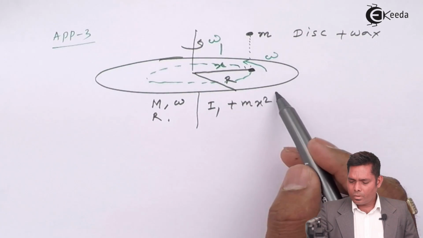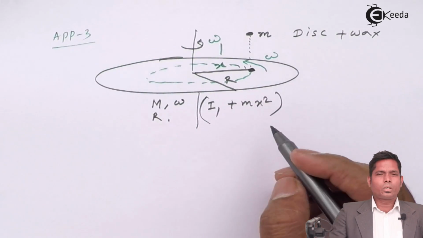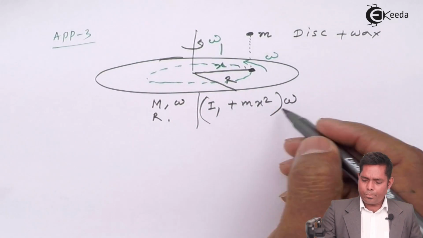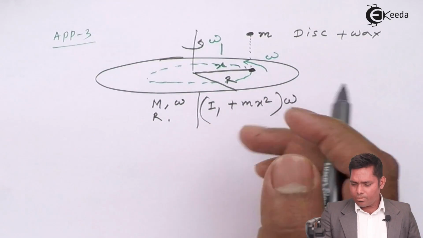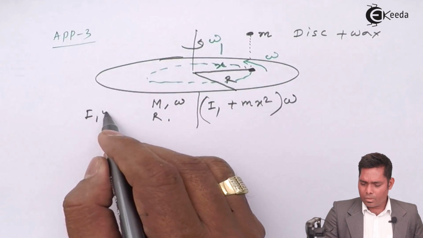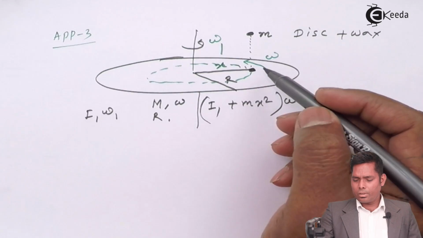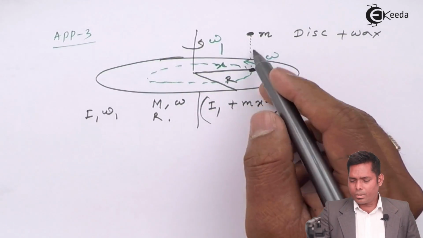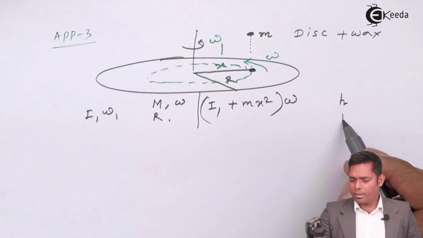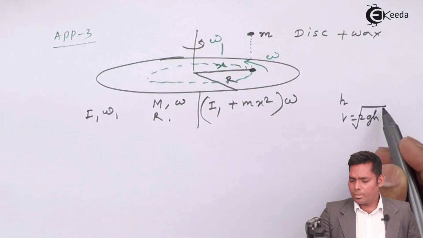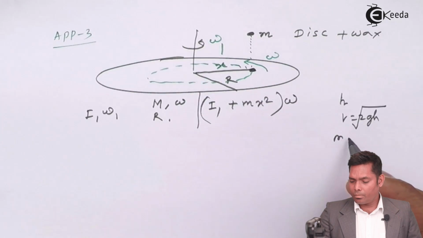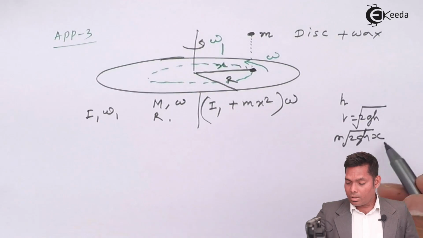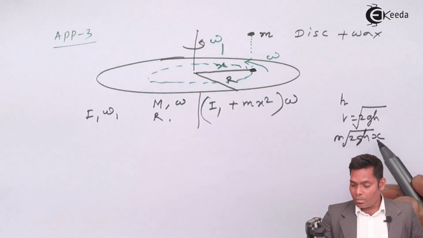This is the total moment of inertia of the system, and that rotates with omega. This is the final angular momentum of the system. Initially it was I1 omega 1. You can consider this one, or you may not consider it. In most of the books they don't consider it because they don't take the height; if you take the height then you get the velocity, then small m v is m root 2gh and r is suppose x, then this is the angular momentum.